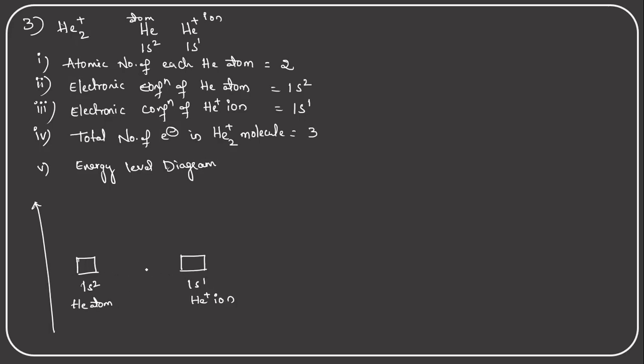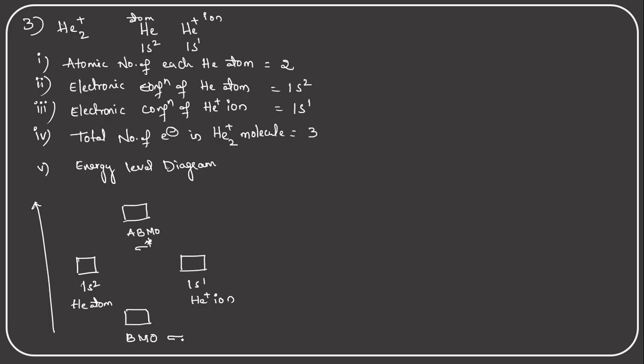So when these atomic orbitals combine with each other, two molecular orbitals will form, one a bonding molecular orbital and another an anti-bonding molecular orbital, and this is represented with the sigma symbol and this with the sigma star symbol.